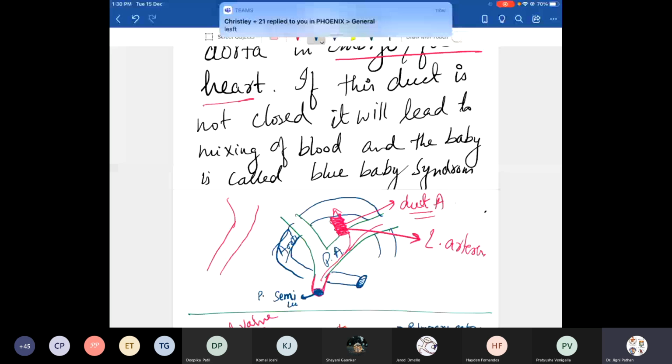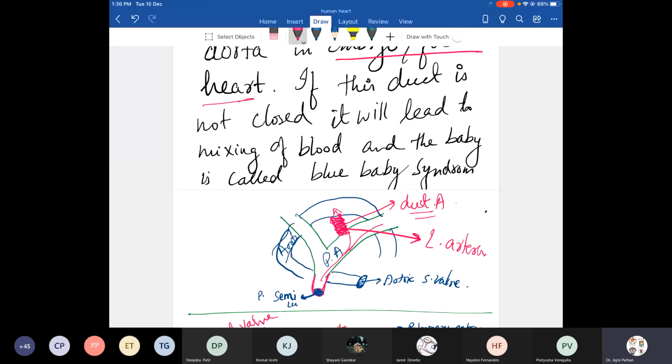Okay, now there was one more question regarding chorda tendineae. Now, these are cords. Here, this is heart muscle, which has the chorda tendineae. No, there are papillary muscles. This is a papillary muscle.